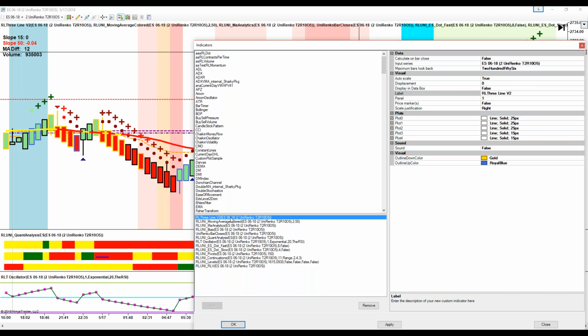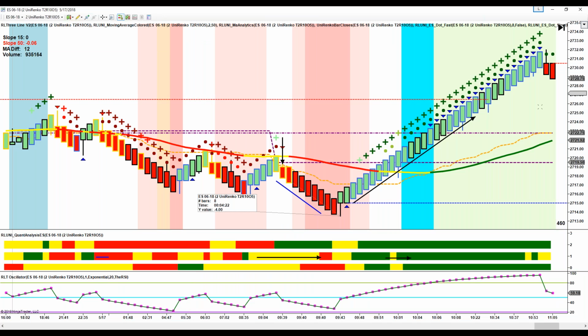You see the 3 line V2, but all 3 of the lines are made transparent and they're stuck inside the data of the candles. So they don't bother it because the only thing we care about is the candle halo, because the candle halo shows us when the 3 line is aligned.